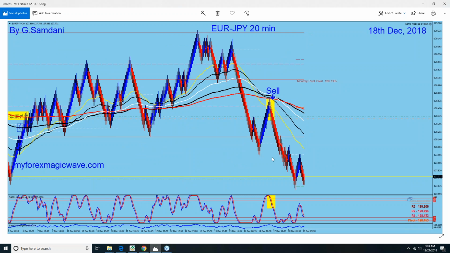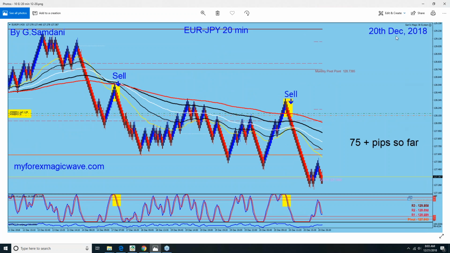Retracement, by the book setup, beautiful, and I took the entry here, and voila. And then on December 20, euro yen again, that was the entry you just saw, retracement, and I didn't do anything here, and then boom, again here, short, and gone for 75 pip.